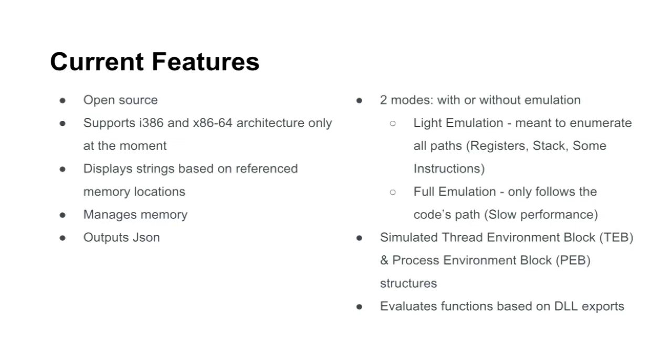If you're working with a small program, it'll work. And finally, it evaluates functions based off of DLLs, because I have this huge JSON file that has all of the Windows DLLs and all of their offsets. It will populate those, write the actual addresses, and simulate that so that when it accesses an API call, it displays it as it was accessed in memory.